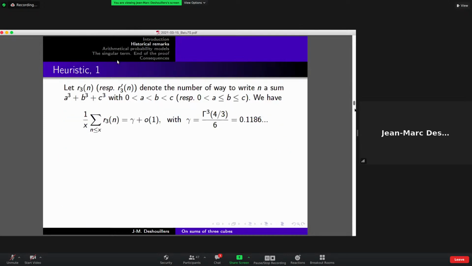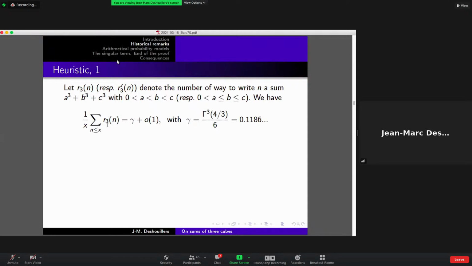So, some heuristic. If you denote by R3 of n the number of ways to write n as the sum of a cube plus b cube plus c cube, with a, b, c all pairwise different, you may also allow two of them to be equal. There is no big difference, because as soon as you ask that two of them are equal, it means that you write n as something like 2a cube plus c cube, and the total number of representations is something which is n to the 2/3, so it is almost nothing.